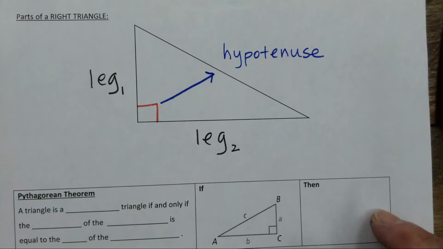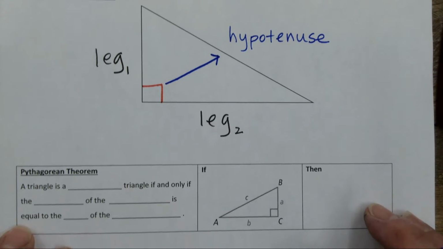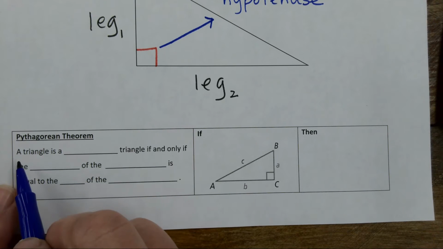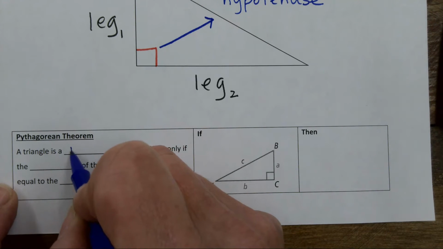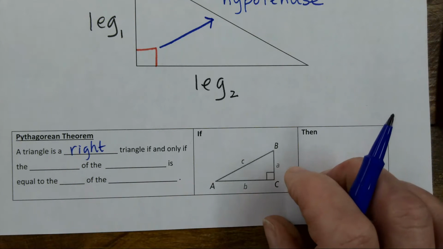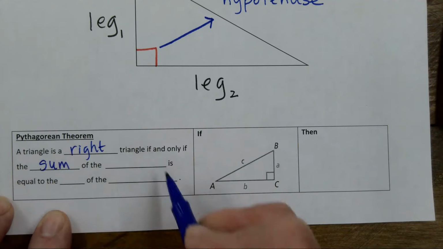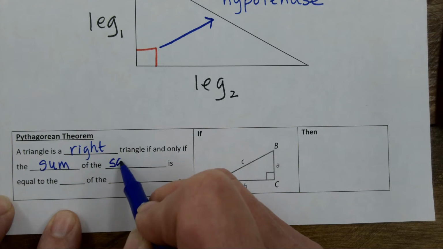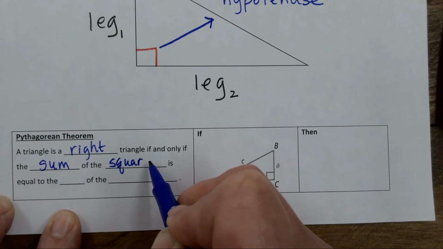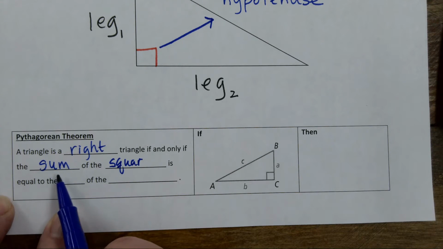So the Pythagorean theorem only works if the triangle is a right triangle.